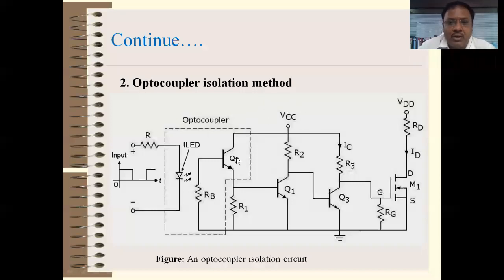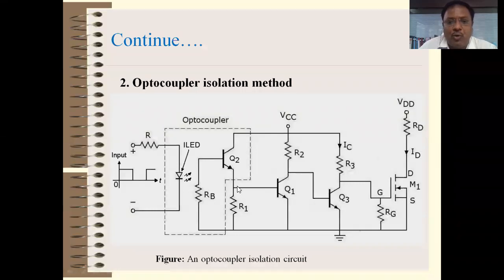This circuit divides into two parts. This is basically a source. The actual triggering pulses generated by a drive circuit are applied to the LED, right? So whenever the pulse is available, the LED glows and emits light. That light falls on the base of the phototransistor, and when the light falls on it, the phototransistor conducts and current flows through the emitter of the transistor.